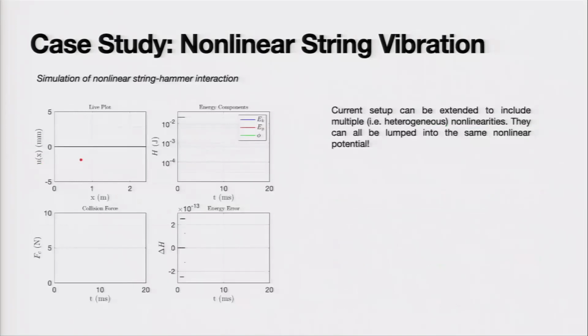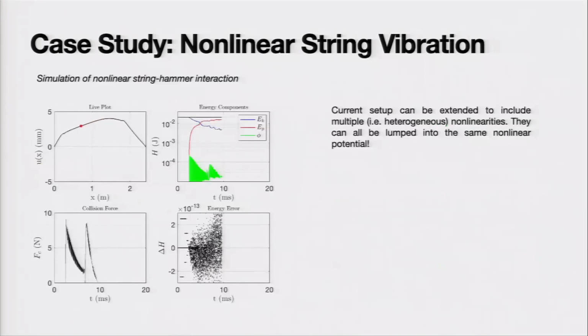And okay, this is a different animation where not only am I computing the nonlinearity of the string, but I'm also computing the nonlinearity of the hammer, like in the piano. The good thing about these proposed schemes is that they actually lump all the nonlinearities into the same nonlinear function, and it will still work.